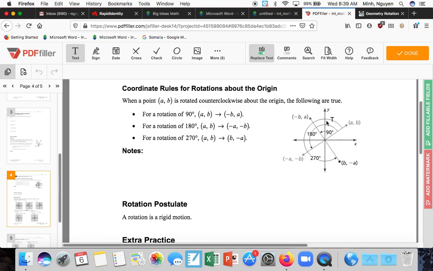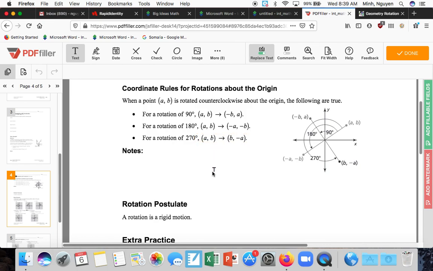This is a 90 degree rotation, right? It's not drawn, but there would be a square there to show a 90 degree angle. For a rotation of 180 degrees, or a straight line, (A, B) turns into (negative A, negative B). And lastly, for a rotation of 270, (A, B) turns into (B, negative A).